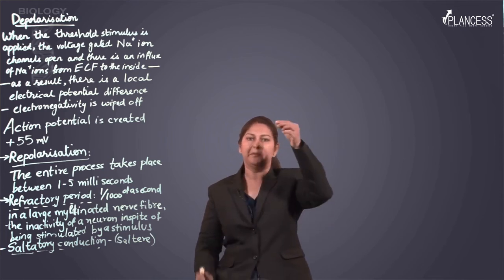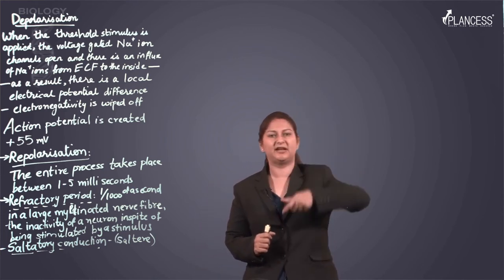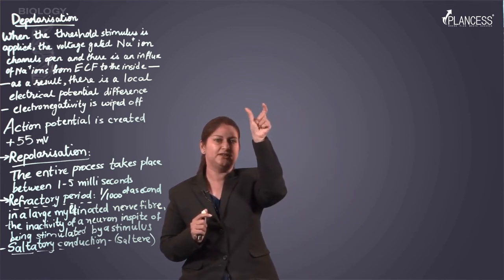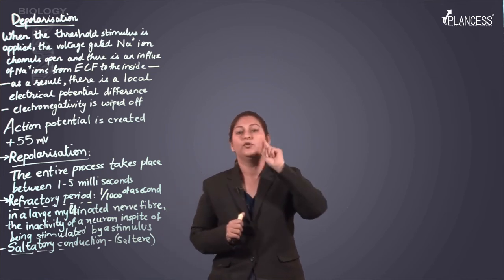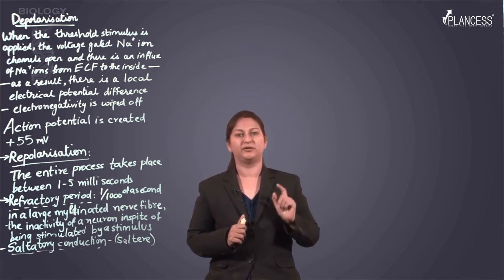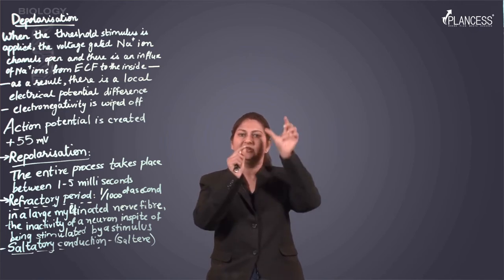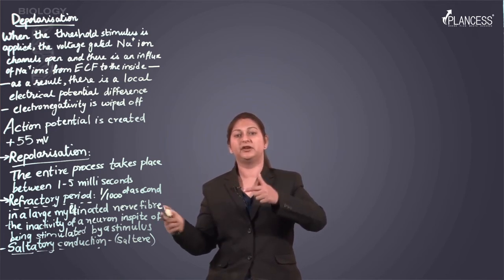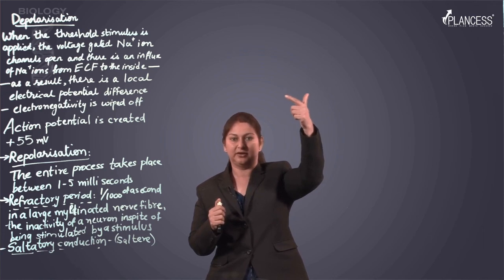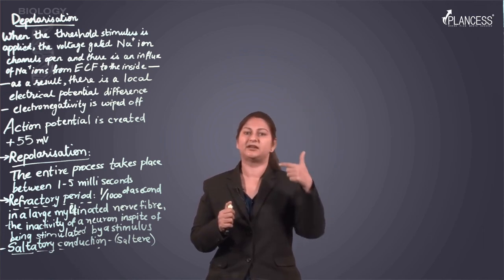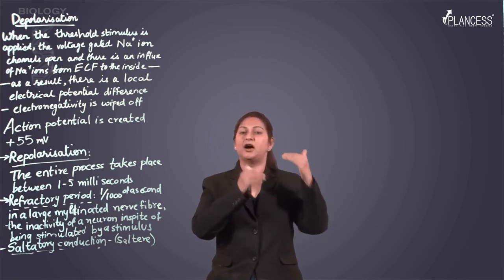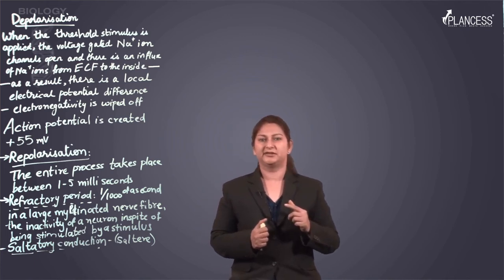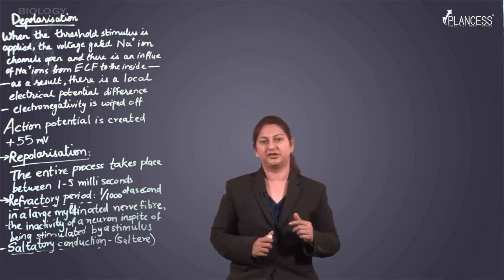Now what happens is the myelin sheath actually insulates the entire axon, but there are certain constrictions where the myelin sheath is almost not there, which is at the nodes of Ranvier. At the nodes of Ranvier, there is no myelin sheath, and so the action potential will jump from one node of Ranvier to the next adjacent node, and that is how it quickens the process of the nerve impulse, and that is the saltatory conduction.